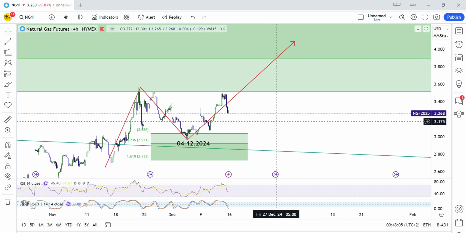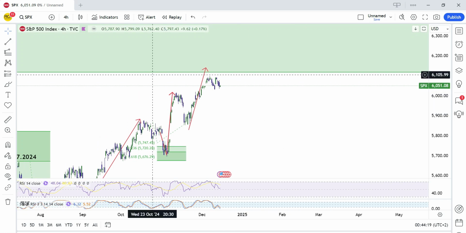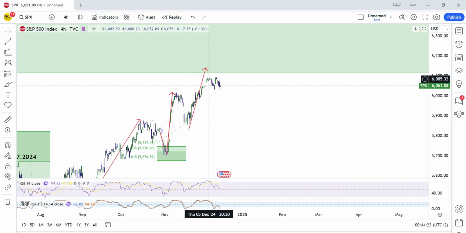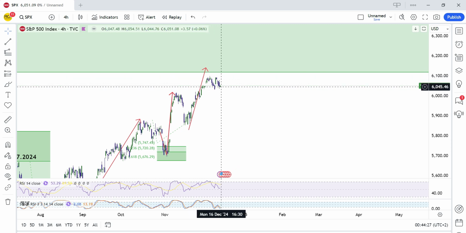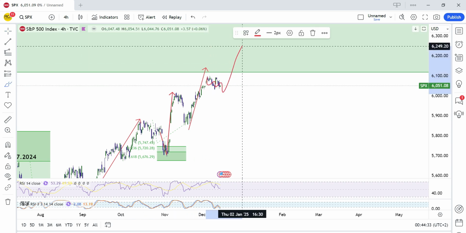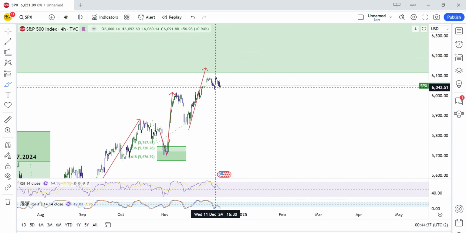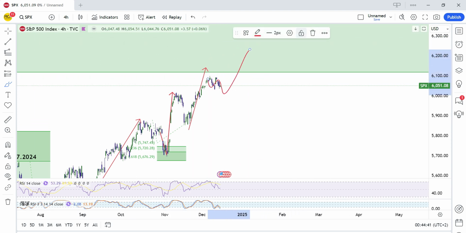And heading into the indices, the S&P 500 SPX cash index, we have seen last week overall a very slow market, just a consolidation taking place. So this is part of a corrective structure for another push to the upside in the S&P 500, and this is what we can see happening into the next week of trading.